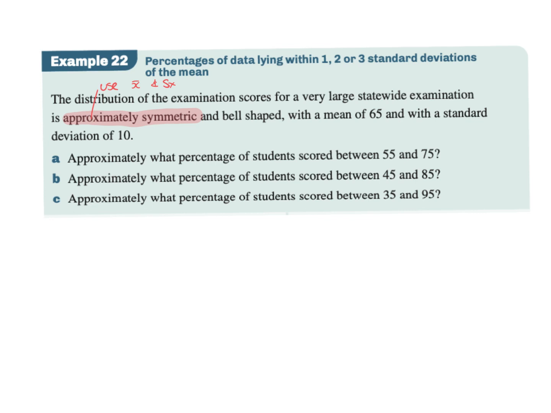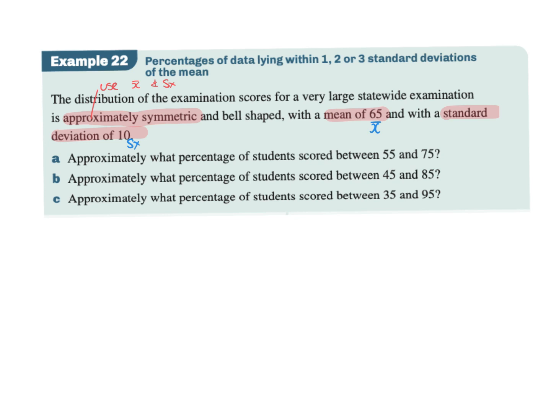Then they tell us in the actual question what the mean actually is. Underneath that, I'll draw the mean, and then it said a standard deviation of 10. So that is my standard deviation there.